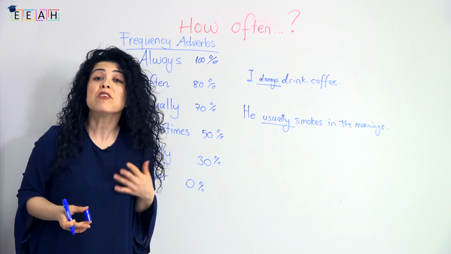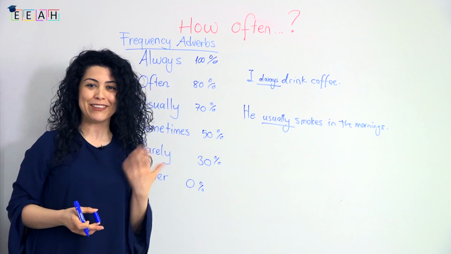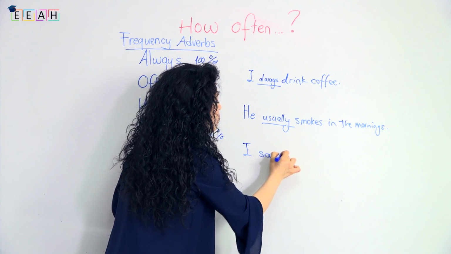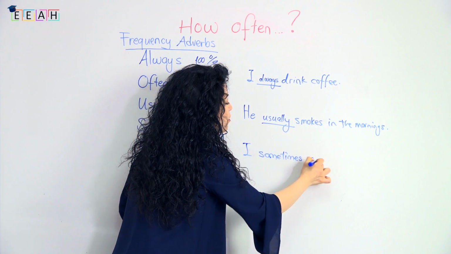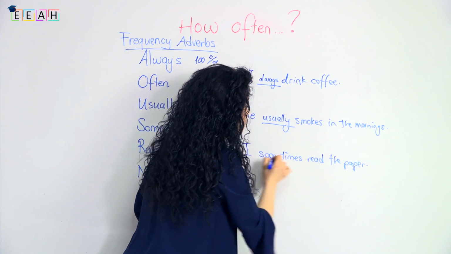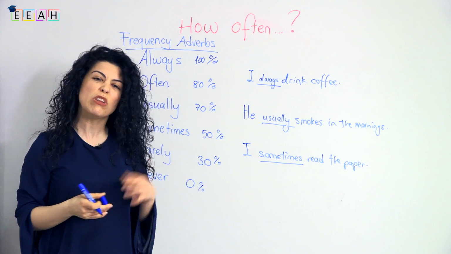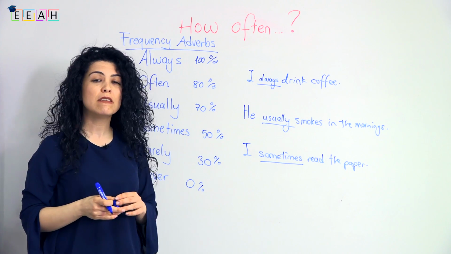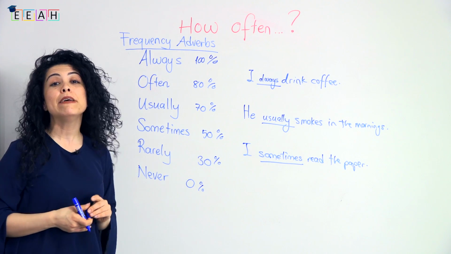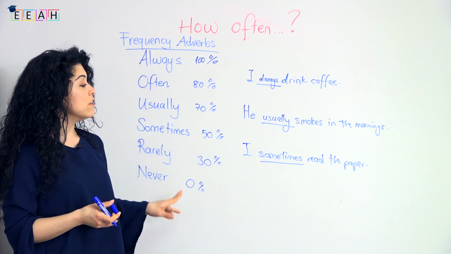I sometimes read the paper. I mean the newspaper. I sometimes read the paper. Sometimes. So not every day, but sometimes. Okay, so that's how we form sentences with frequency adverbs.